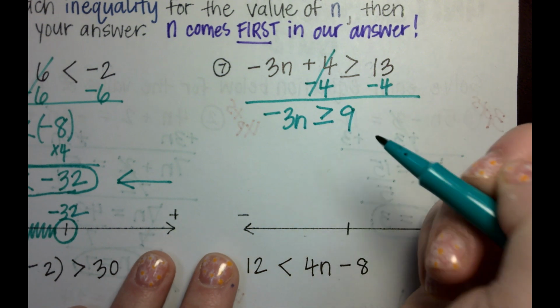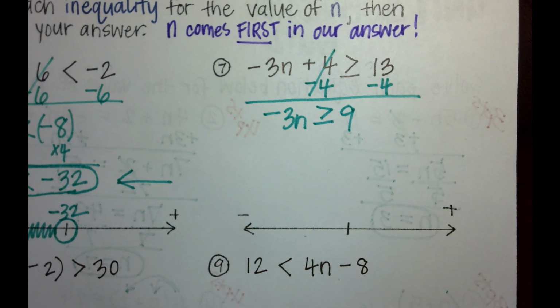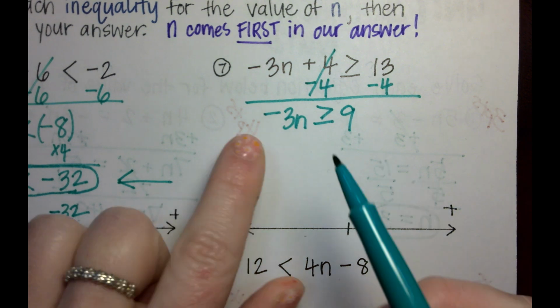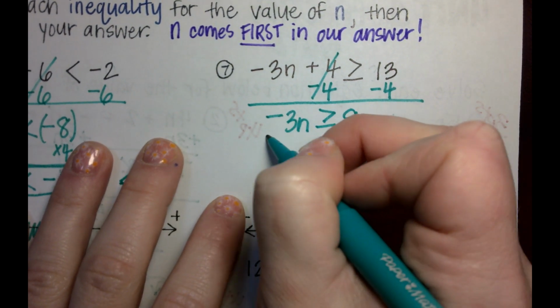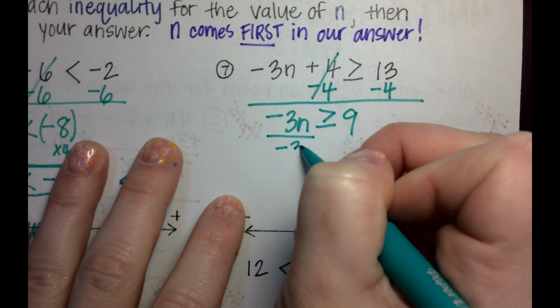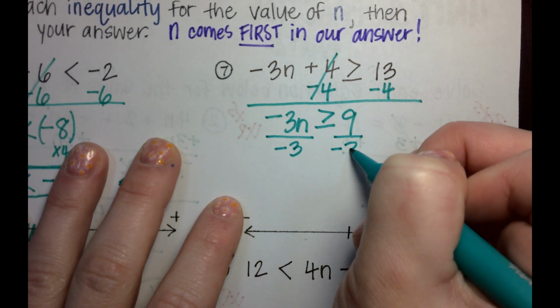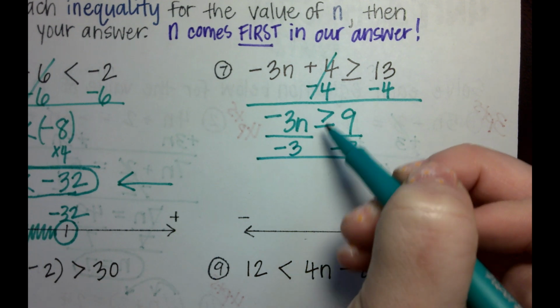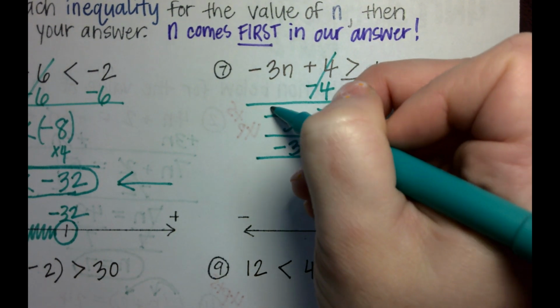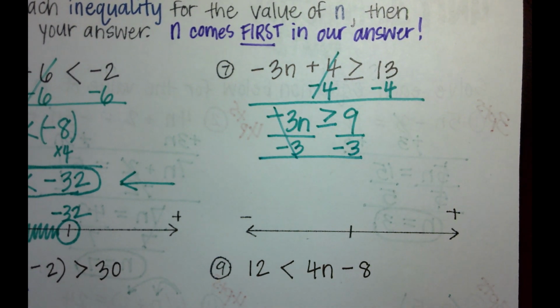9. Perfect. That is a correct answer. Okay, what are we doing next? Good. Let's divide by negative 3. Now, we just divided by a negative. What happens? Yes, our sign changes. So I'm going to make a note of that.